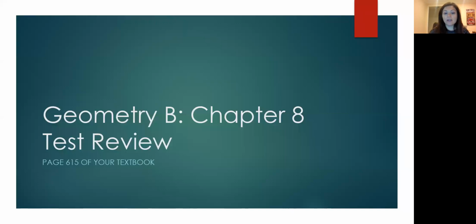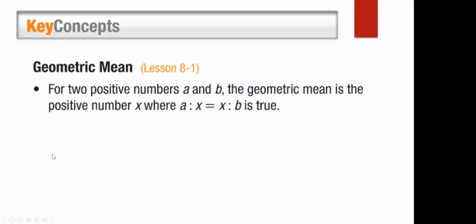Like I said, this is a review for the Chapter 8 test that's coming up. The first lesson talks about the geometric mean. It says for two positive numbers, a and b, the geometric mean is the positive number x, where a over x is equal to x over b.